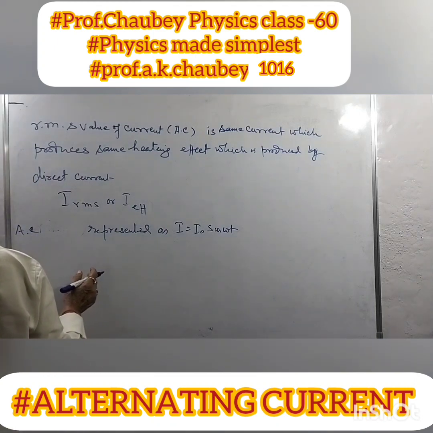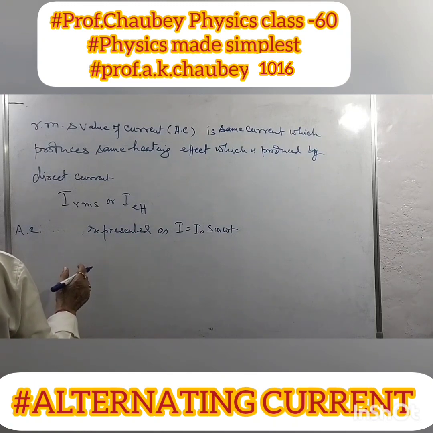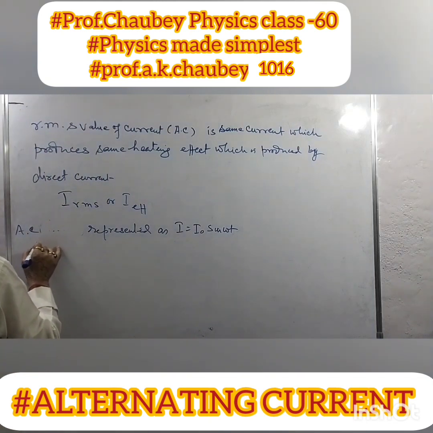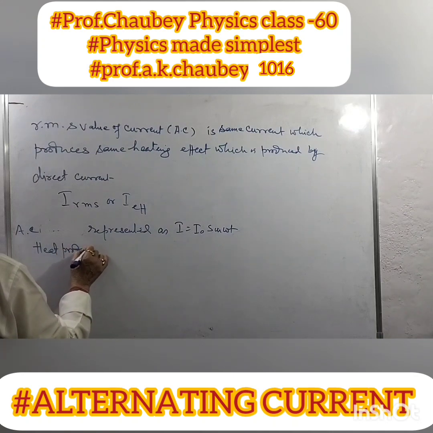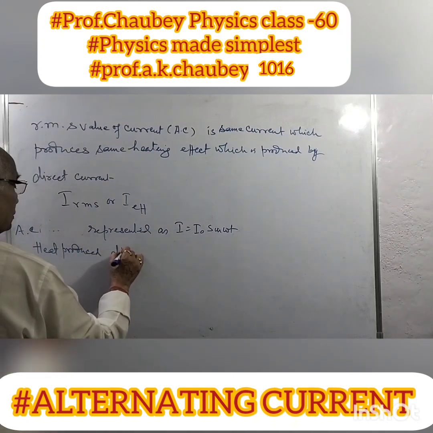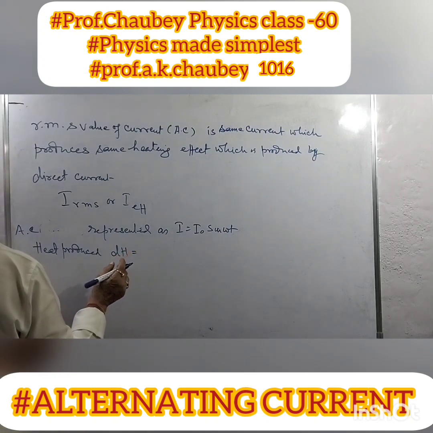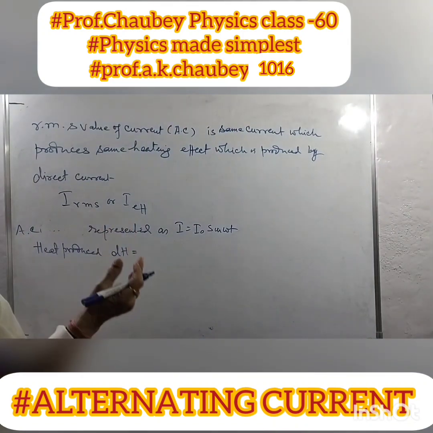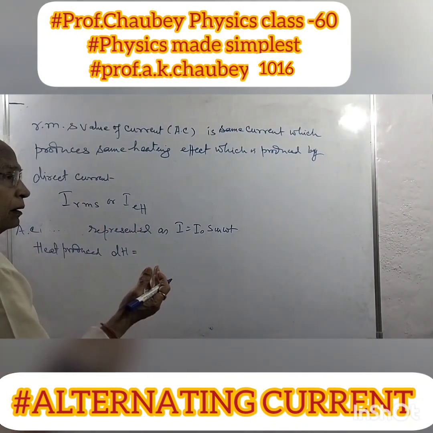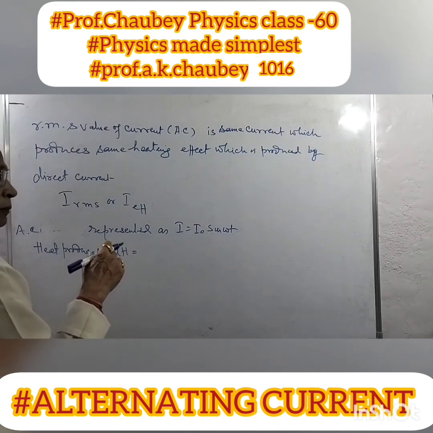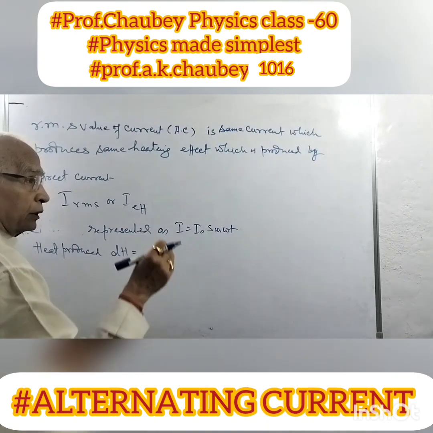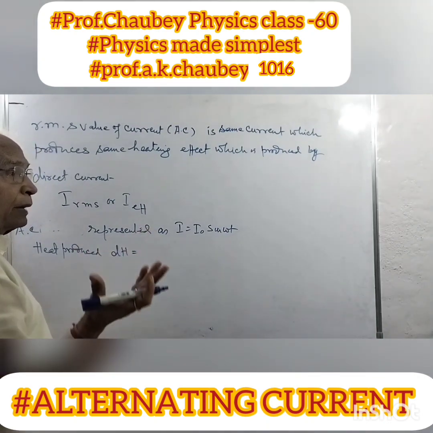because we want to know the heating effect. So what is the heating effect? Heat produced. dH for a small time is equal to the heat produced. Heat is R I square, the energy, power. IR is the voltage drop, I square R is the voltage into current, V into I, that is the power.